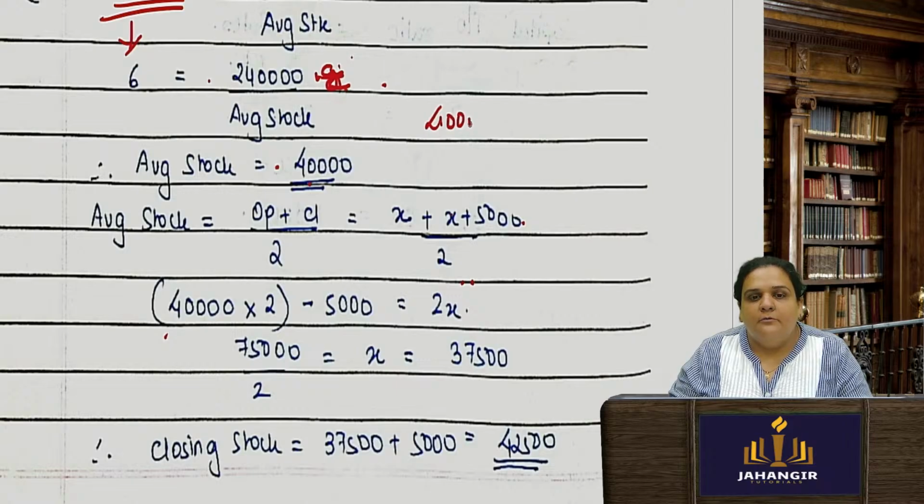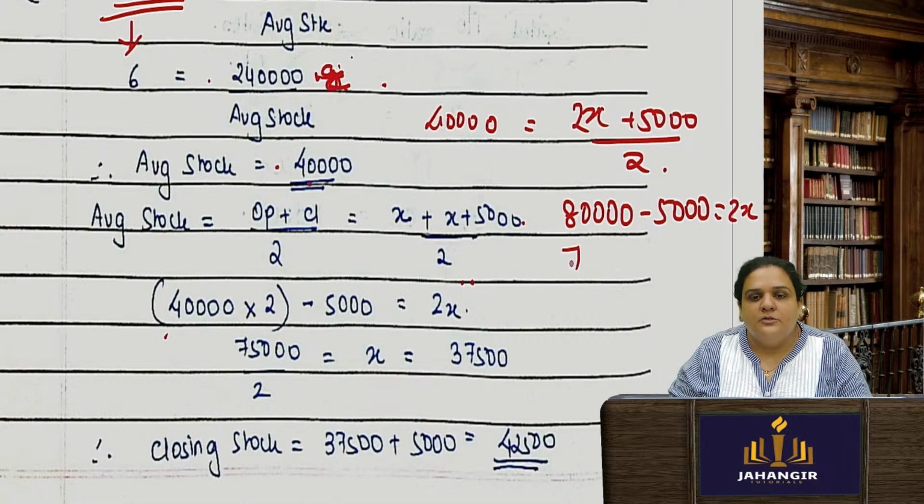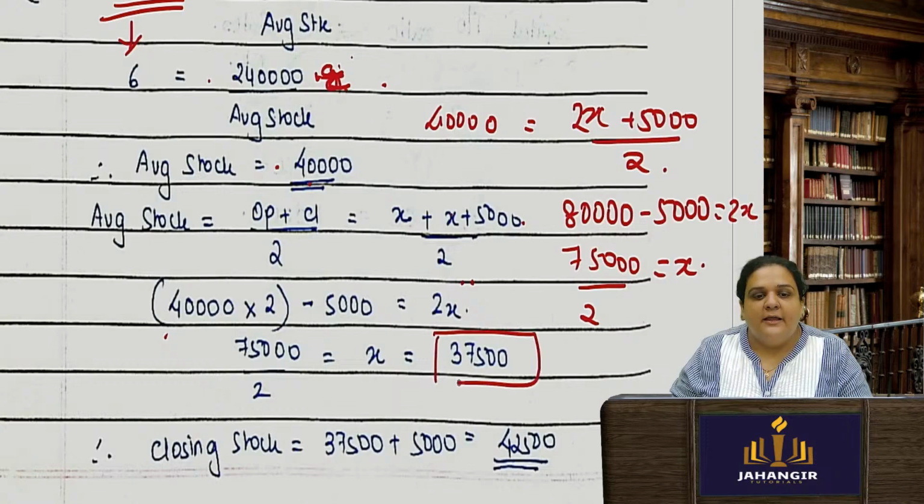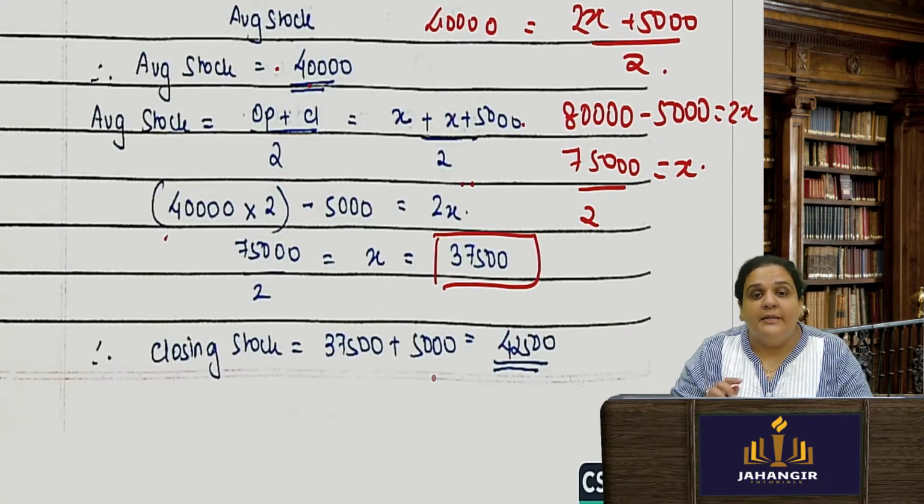So 40,000 will be equal to X plus X, which is 2X, plus 5,000, upon 2. So this is going to become 80,000, that is 40,000 into 2. Minus 5,000 will become 2X. So 75,000 divided by 2 will be equal to X. So 37,500 is going to be my opening stock.